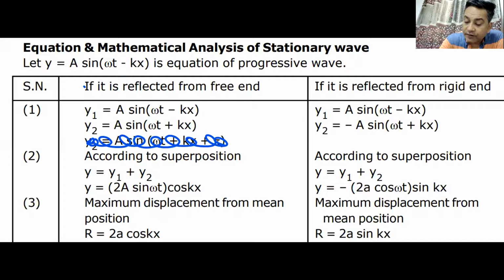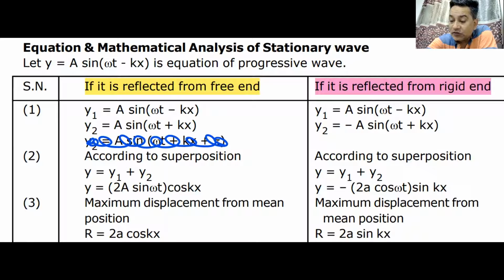when the wave is getting reflected by a free end. And the second case, where I have used the pink color, is when it is reflected from a rigid end. I have already told you what happens when it is reflected from the free end.